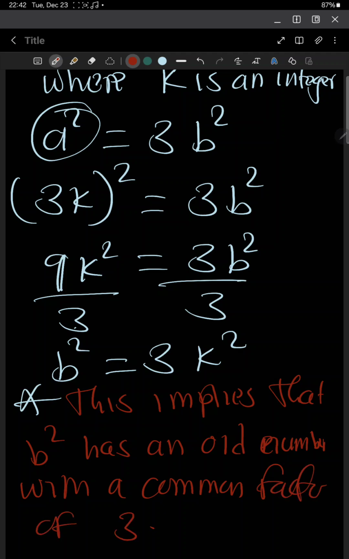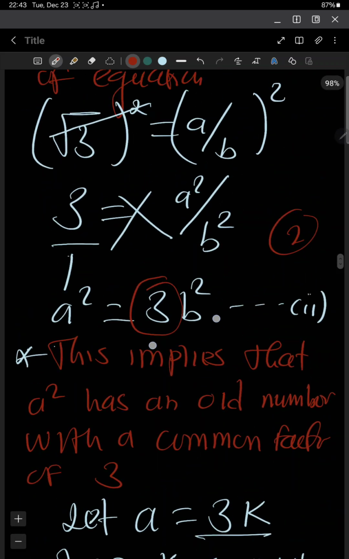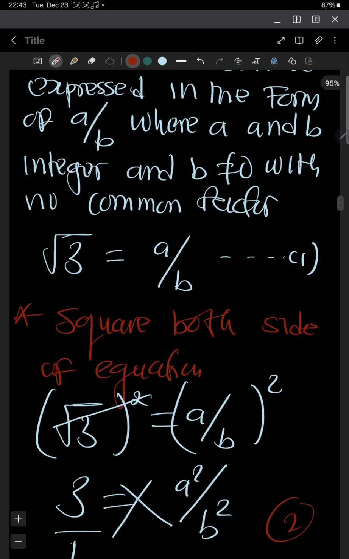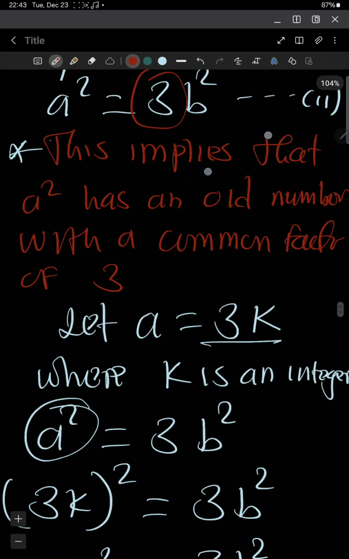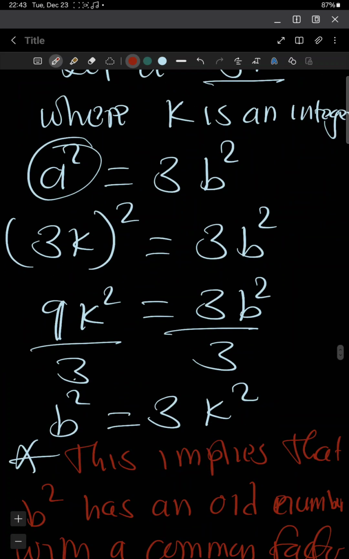But in our assumption, we said it should not have a common factor. But here, according to what we have solved, we are having the common factor 3 for this equation.